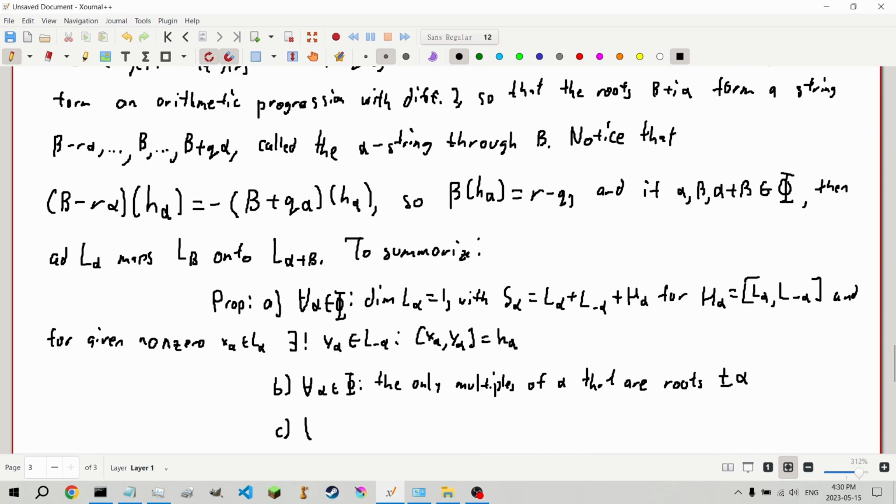For all alpha and beta being roots, then beta of H alpha is an integer called the Cartan integer.